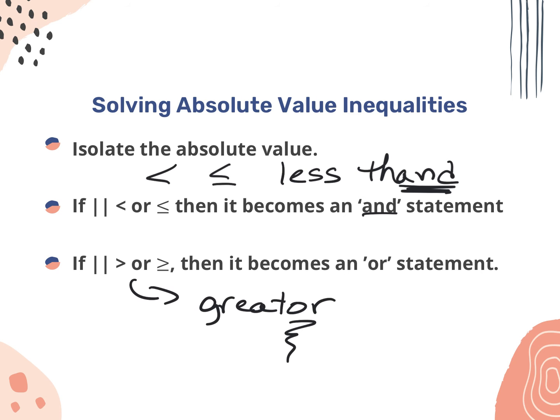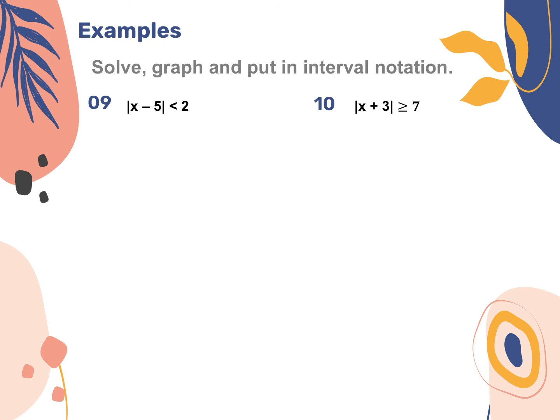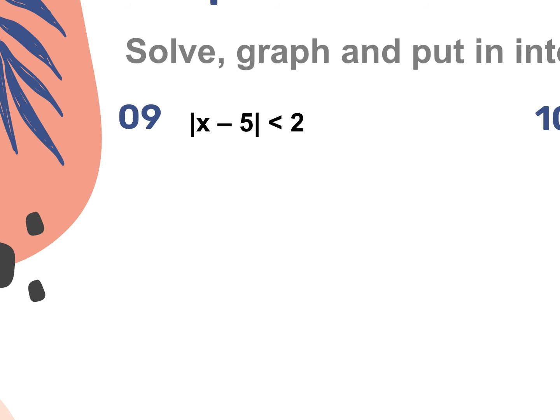So again, we're going to isolate first. So my absolute value symbol is isolated. So now I'm going to make my two problems. Remember, yesterday, when we did the equations, we would make one positive and one negative. So I dropped the bars for the first one. But for the second one, I drop the bars, flip the symbol, and make the answer negative.